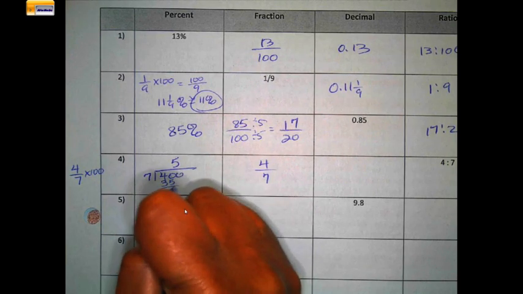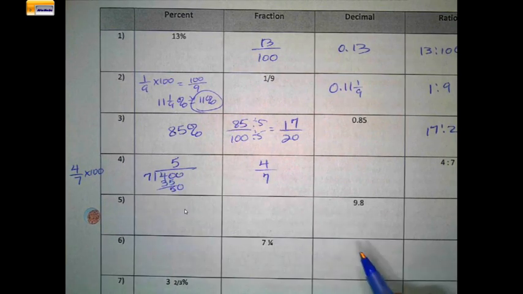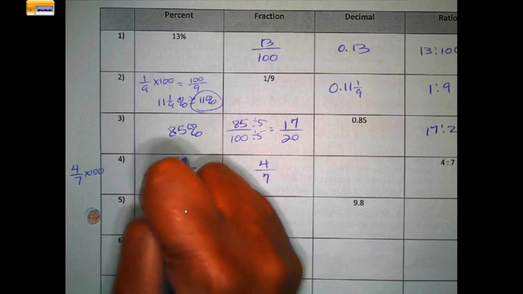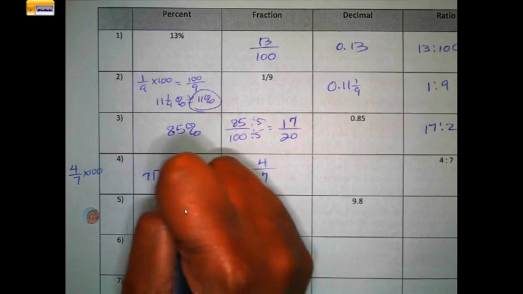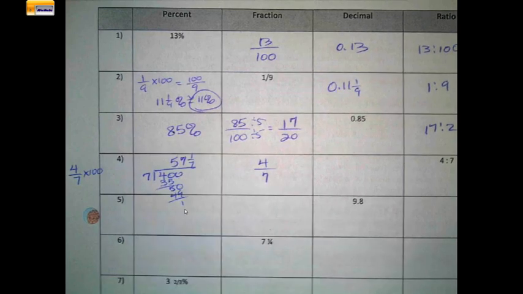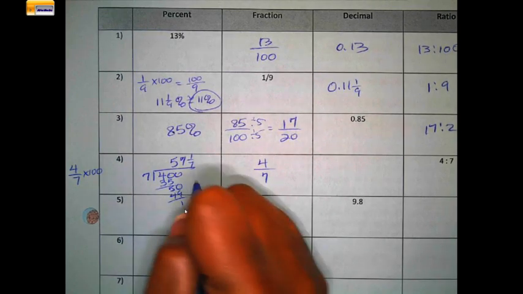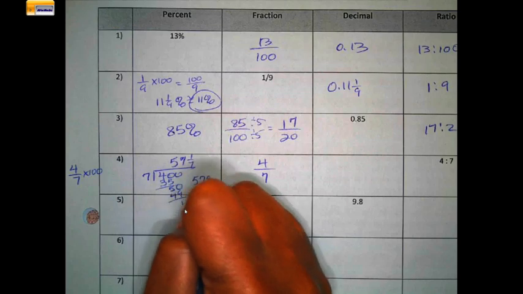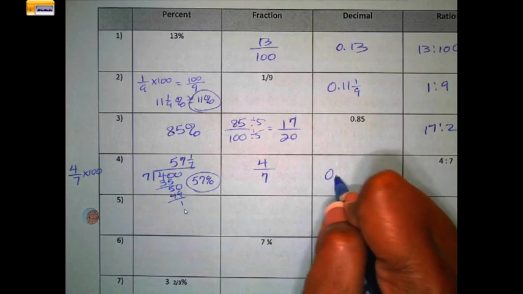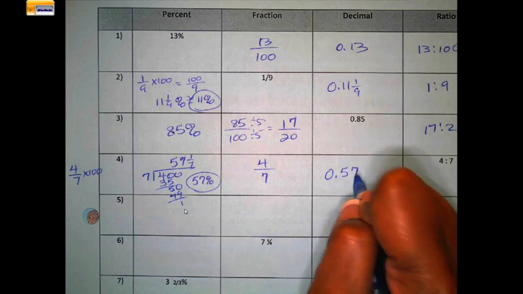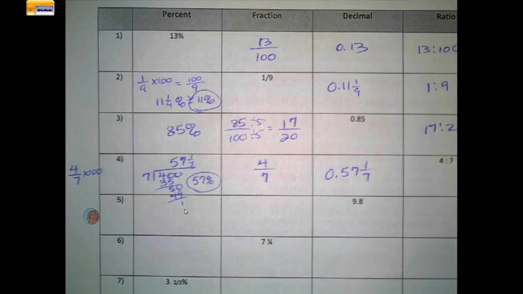That's where that came from. That's the part you guys said you didn't learn yesterday. So I got 57 and 1/7, and you guys probably just said 57%, right? Then the decimal is so much easier to write once you have that. Once you have the percent, the decimal is easy to write.